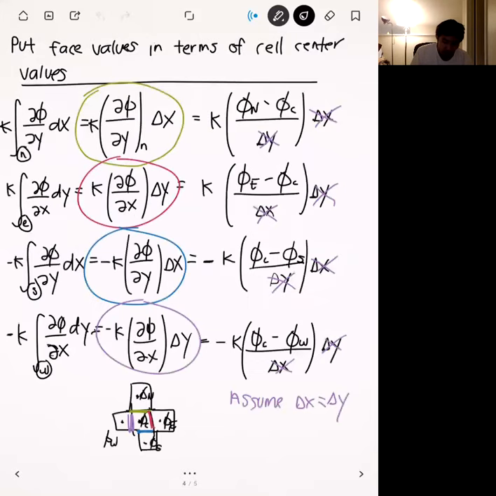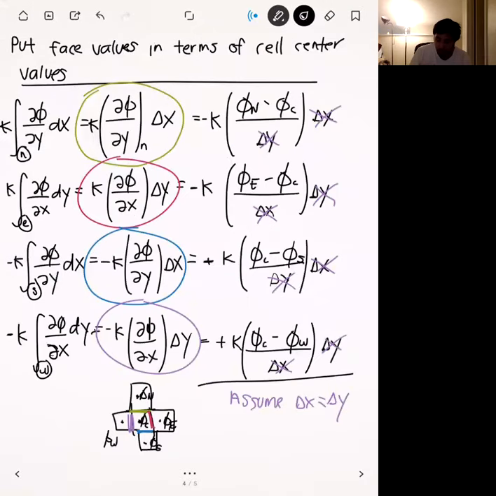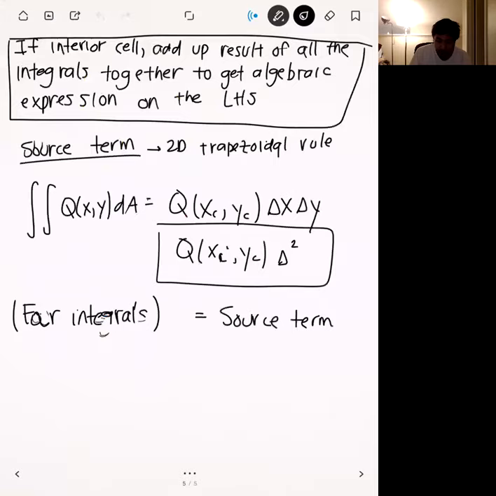Also I need to correct a typo here: what we multiply in front is not positive k, it's a minus k. So these should all be minuses and these ones should be pluses, just like that. If we add up everything in this column right here, let's go ahead and do that.